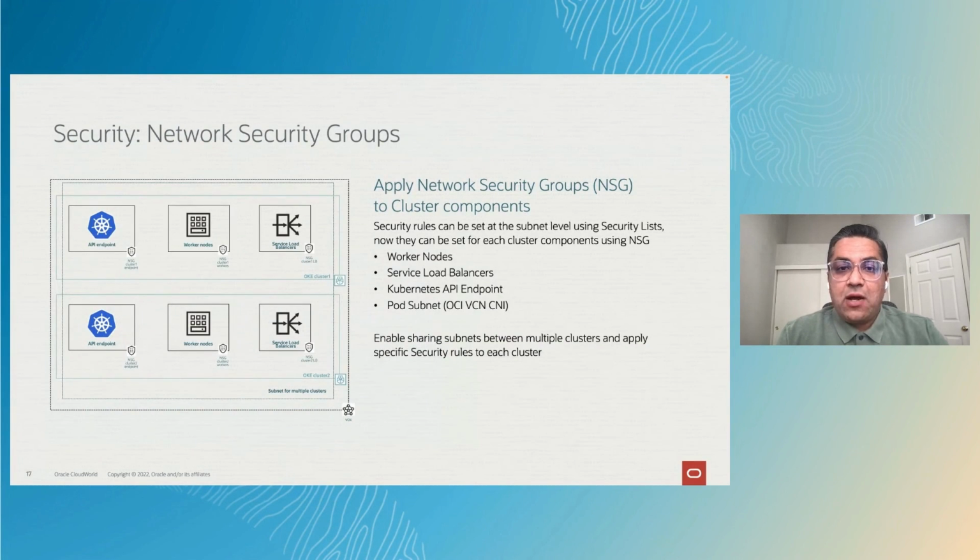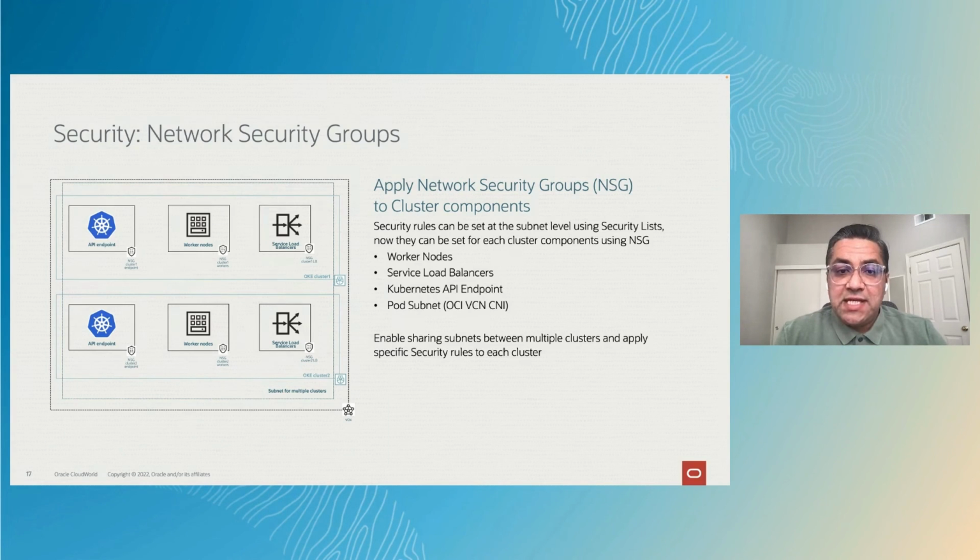So let's focus on the security for the Kubernetes cluster, which is the last section of this talk. When you set up your worker nodes, API endpoint, load balancer, and pods, you now have an option to wrap a network security group around the network interface. With NSGs, you can define security rules for those OKE resources independent of the subnet placement.